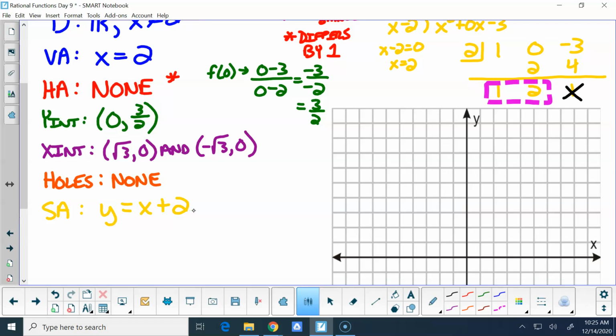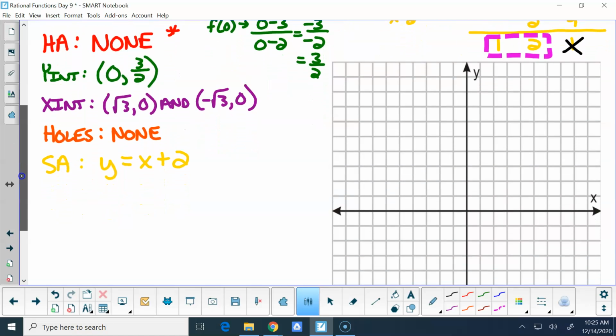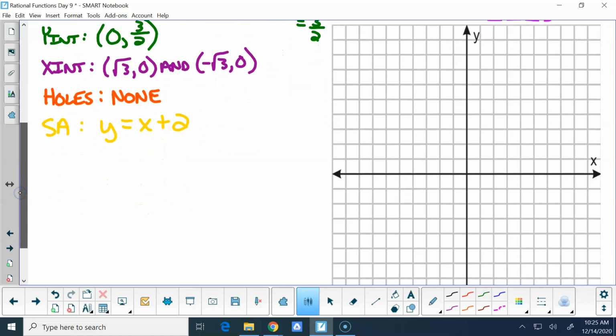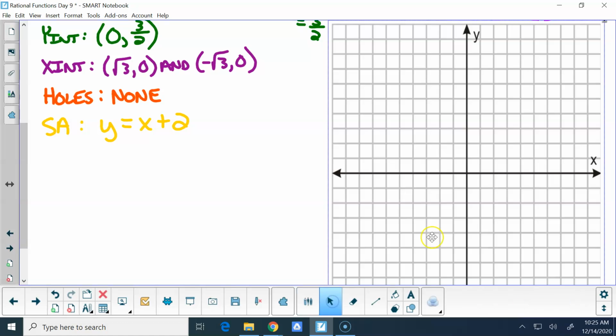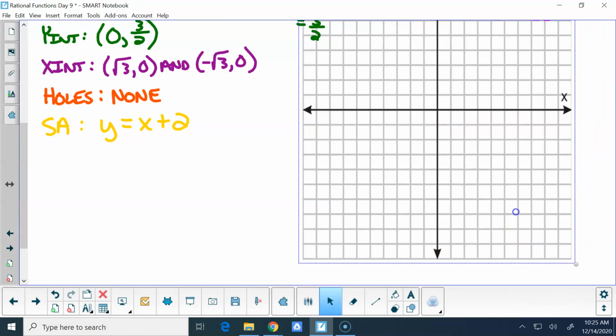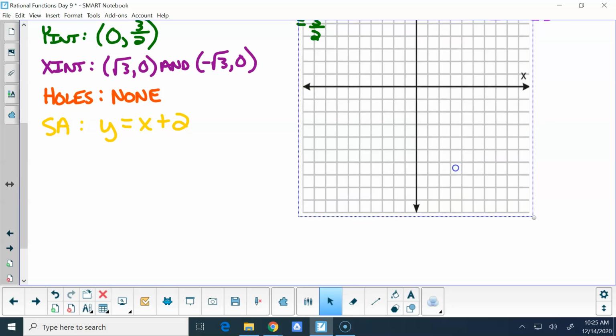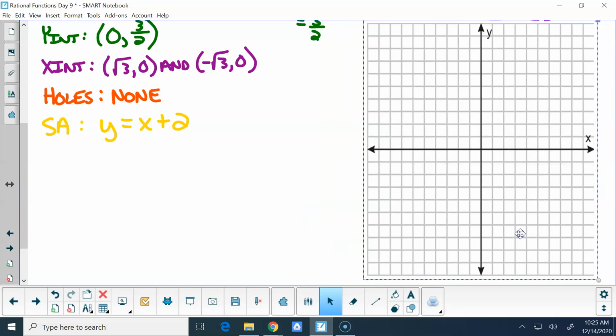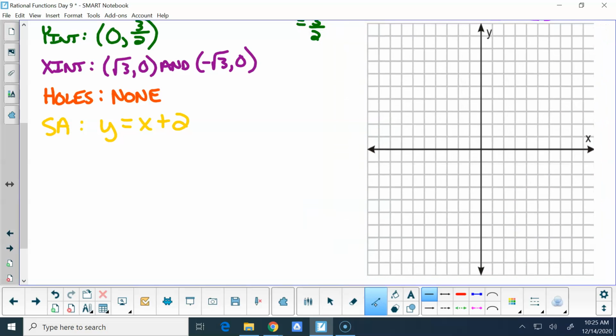All right, so let's take all of that and put it on our graph now. First off, we had a vertical asymptote at x equals 2.